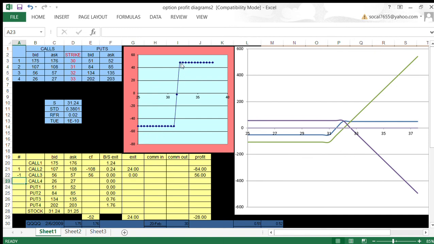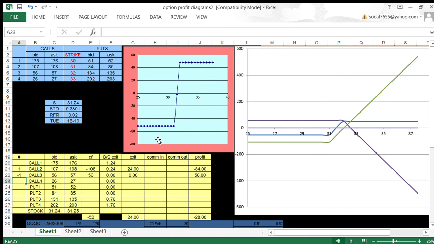And so we cap our profit and our loss. And of course, this distance from here to here vertically is 100. Because remember, profit is value minus cost. So the maximum value is 100. And if it ends up that the stock price at option expiration is 32 or greater, then since we spent 52 bucks, we're going to make, as you can see there, $48 in profit.